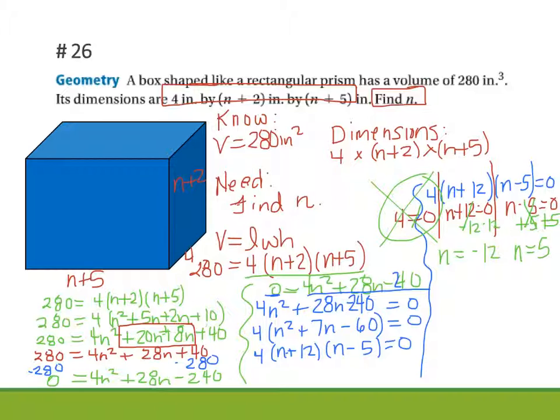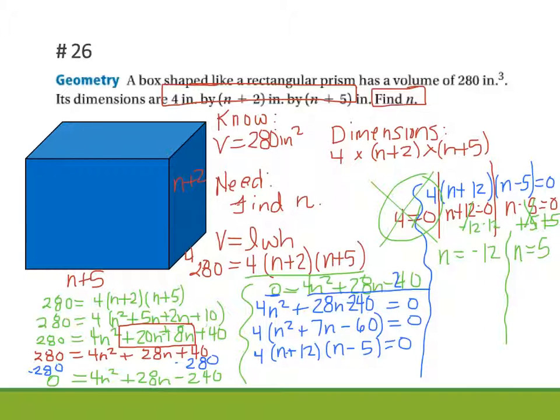Okay, we're almost done. The last thing we have to do is figure out if any of these answers is not applicable to the problem. So look at both of them. If I use negative 12, then if I put that back into the dimensions, let's go ahead and put these back in.